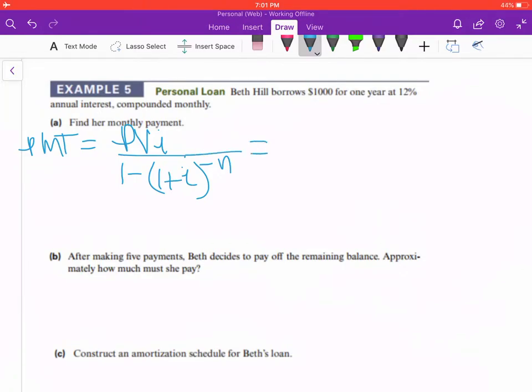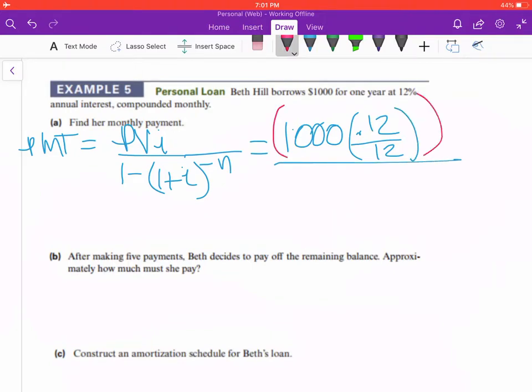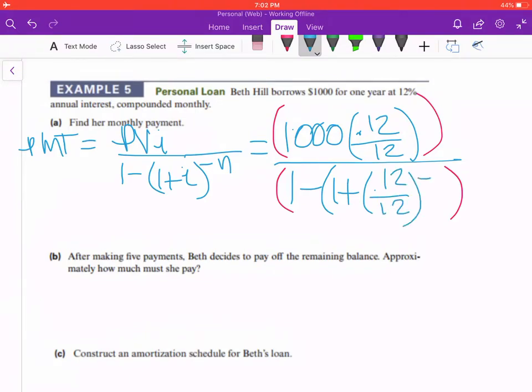So after substituting here, we have 1,000 for the present value. We have 0.12 over 12 for r over m. And here on the bottom, make sure that when you enter this on the calculator, you use parentheses for numerator and denominator. Then we're going to have 1 minus parentheses 1 plus, and then again the rate, 12% compounded monthly, to the power negative.